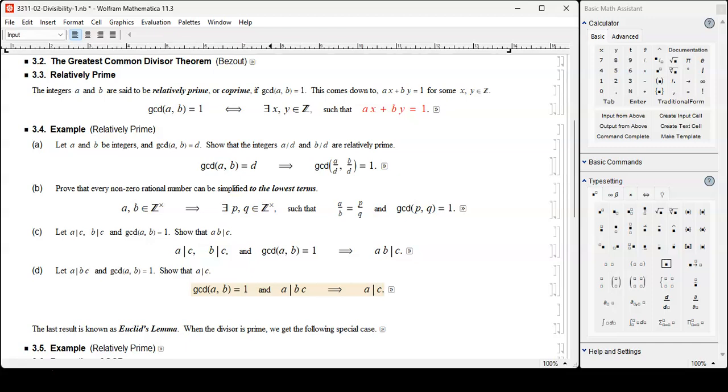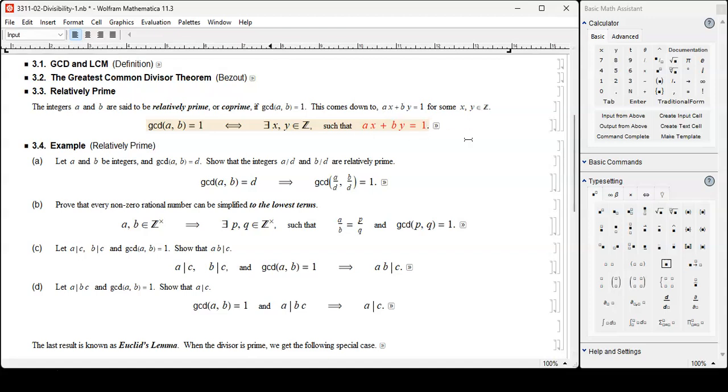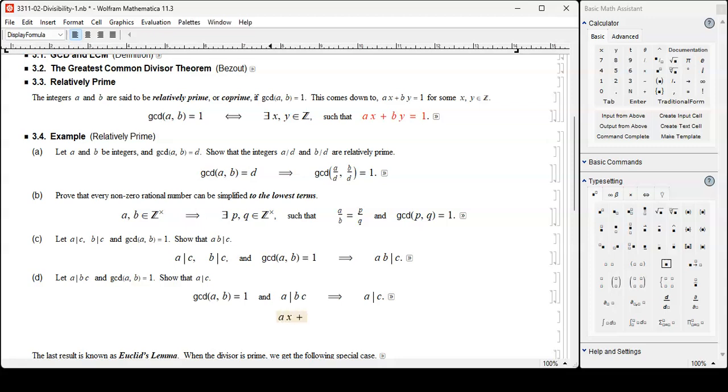So do not think of it in terms of prime factorization. Try to utilize this Bezout's linear combination identity. You see, GCD of A and B is 1, so AX plus BY is equal to 1. Somehow try to utilize this.